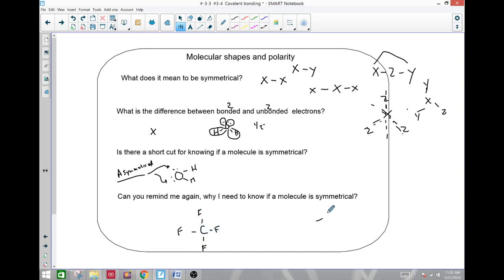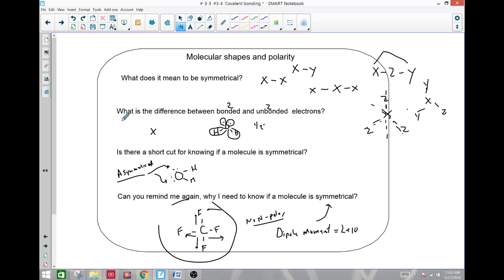So anytime you're symmetrical, you automatically default to a dipole moment equaling 0. In this case, even though we have a highly electronegative atom, this guy pulls this way, this guy pulls it back, this guy pulls this way, this guy pulls it back. So they all cancel, and this thing is nonpolar.